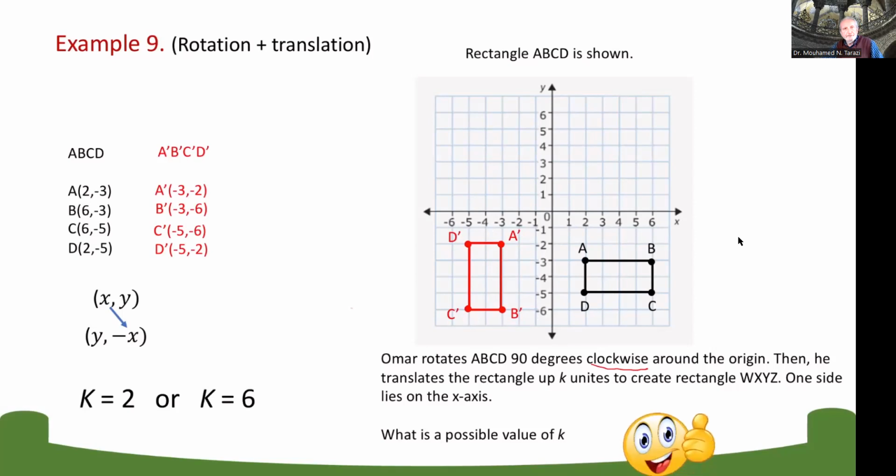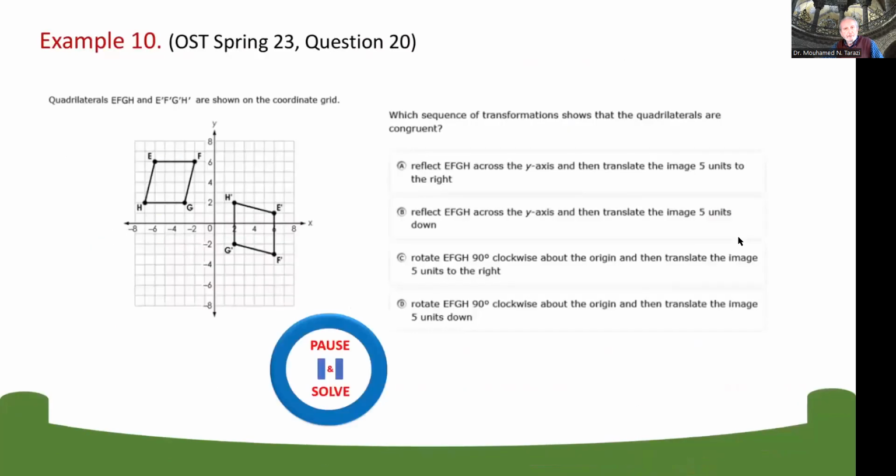That's a very interesting example. Now, Ohio State Test Spring 23, question number 20. Quadrilaterals EFGH and E prime F prime G prime H prime are shown on the coordinate grid. These two here. Which sequence of transformations shows that the quadrilaterals are congruent?